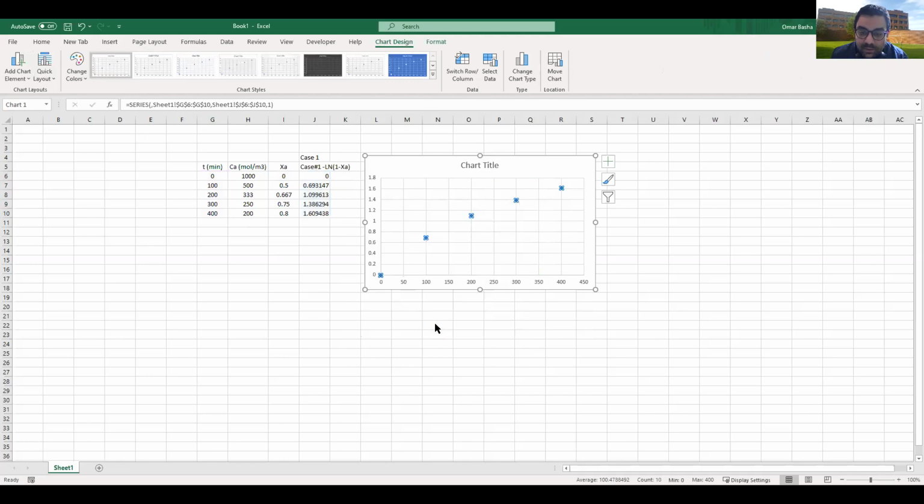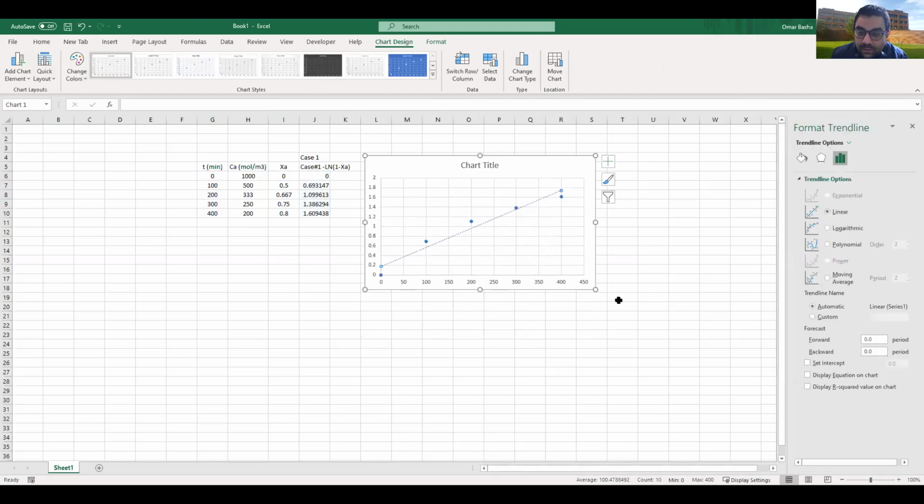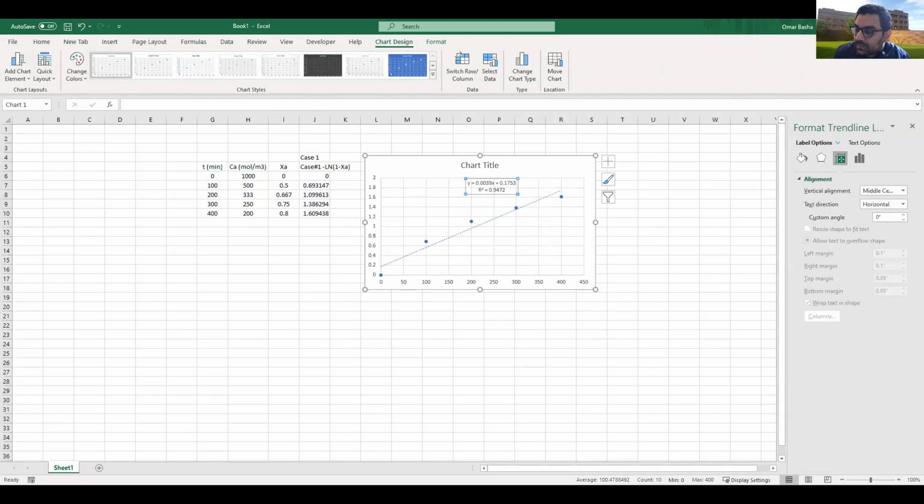Let's add a trend line and look at our metrics. R squared, okay, it's quite a high R squared, right? Is it worth it to test against any of the other ones?